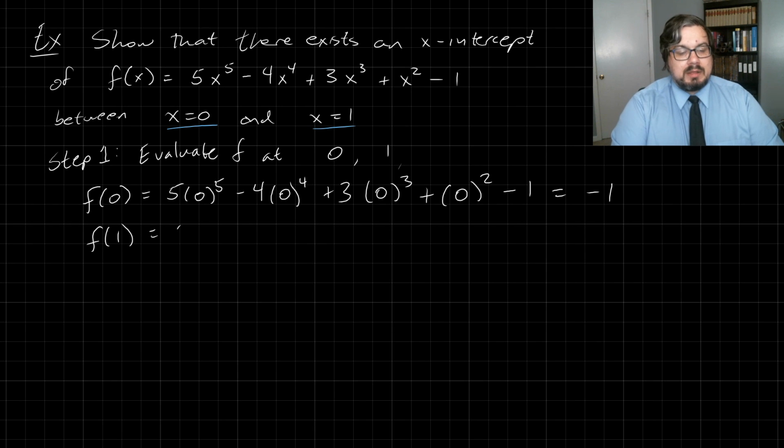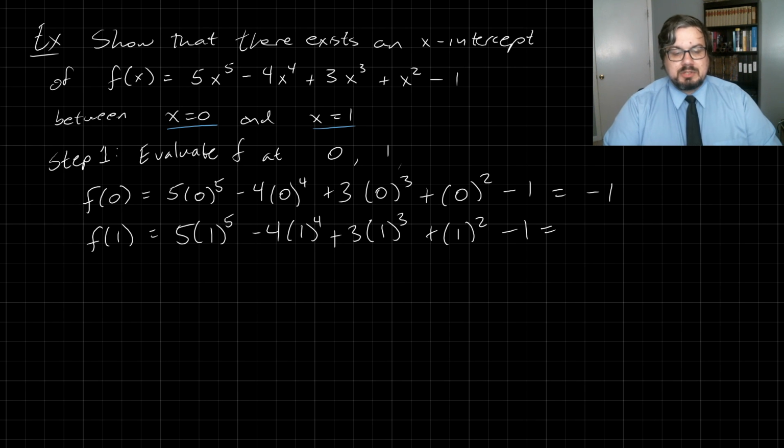F of 1 is 5 times 1 to the fifth minus 4 times 1 to the fourth plus 3 times 1 cubed plus 1 squared minus 1, which gives us 5 minus 4 plus 3 plus 1 minus 1, which all winds up giving us 4.